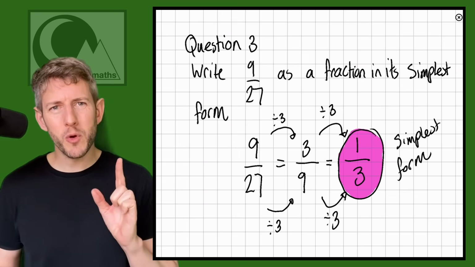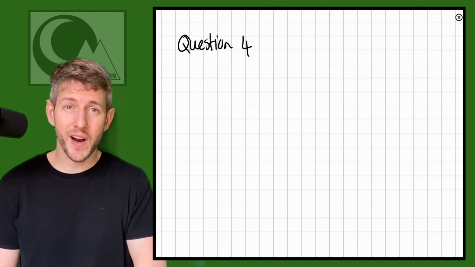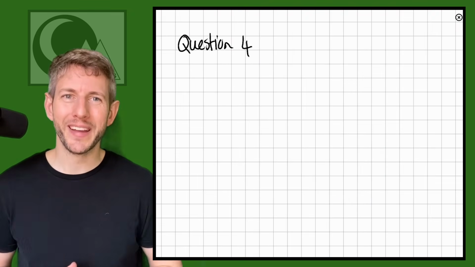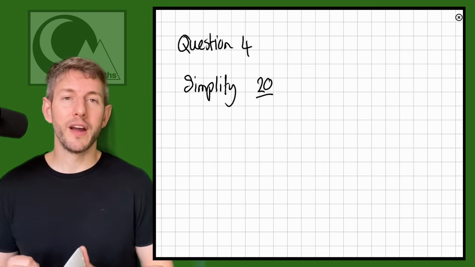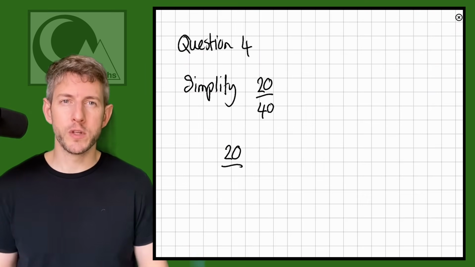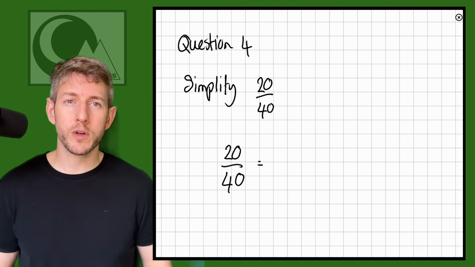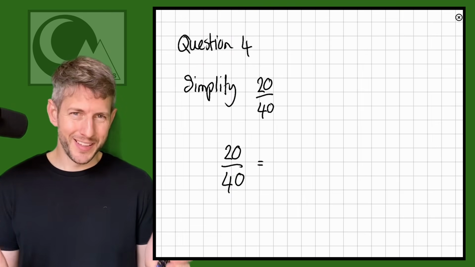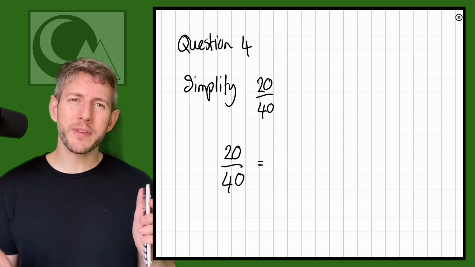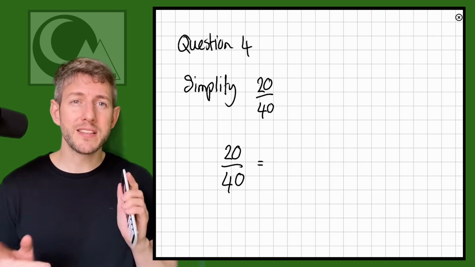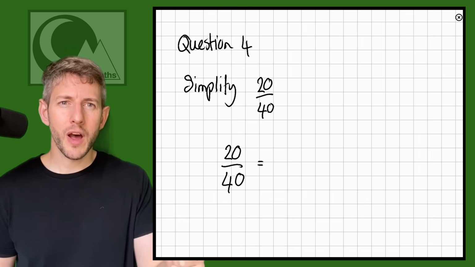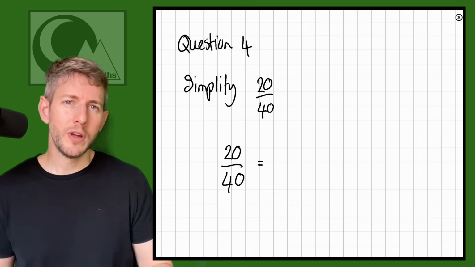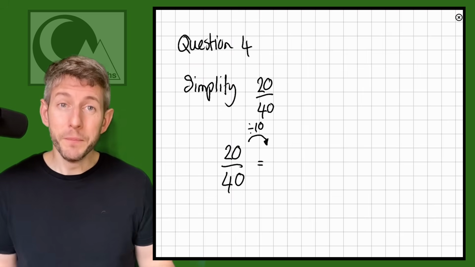Right, let's try one more question from here. Then we'll try a scenario question, and then I'll leave you on your way. So this question here says simplify 20 over 40. You might notice the answer straight away, but I'm still going to do it systematically because there's a good trick with this one. And that is, if the numbers are both in the 10 times table, you can start off by dividing them by 10.